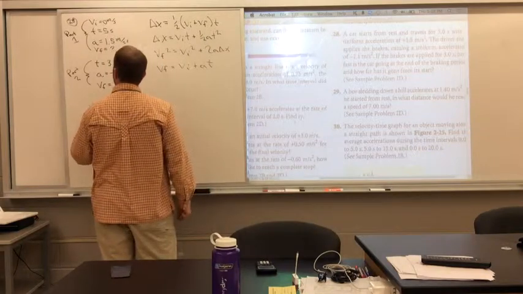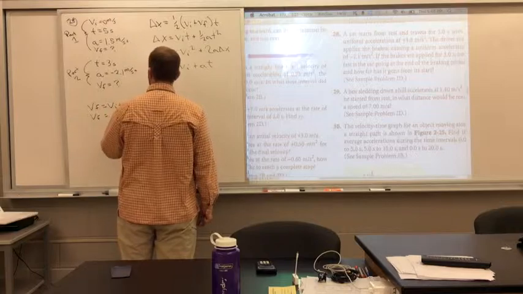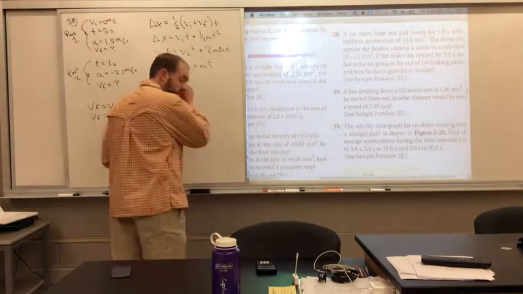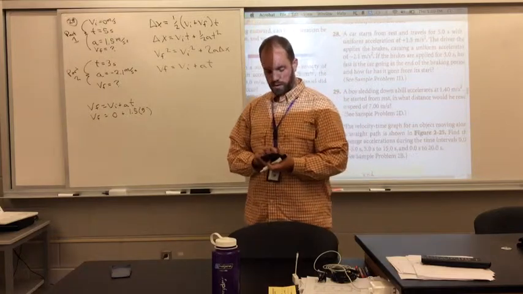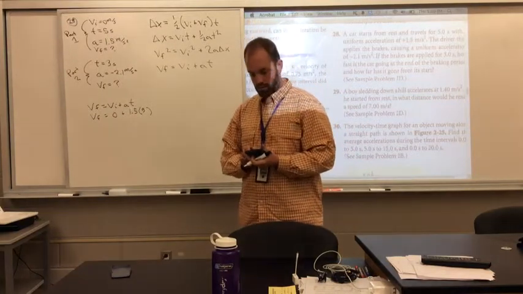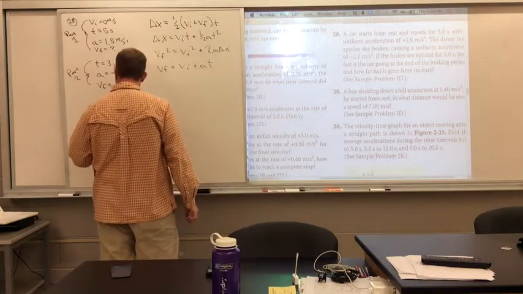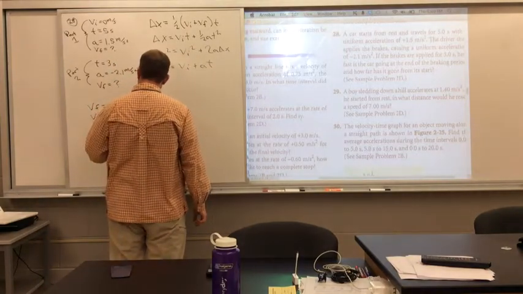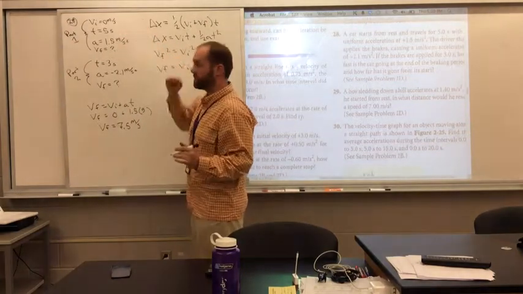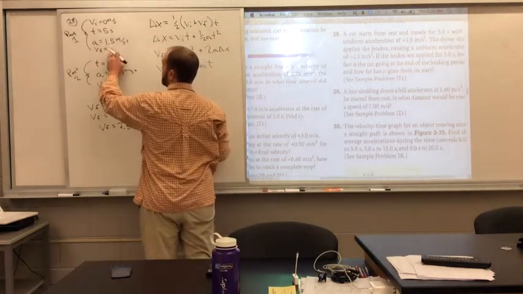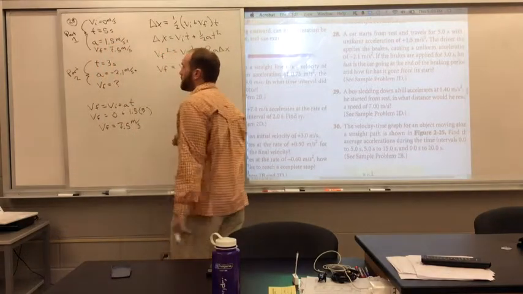Plug stuff in. 0 plus 1.5 times 5. That's 7.5. So, after the car has gone through this period of acceleration, this part 1, it's going 7.5 meters per second.